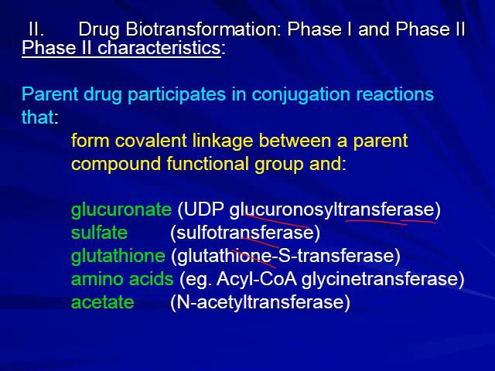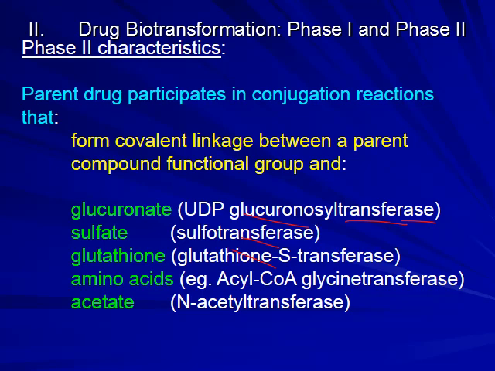The enzymes all have similar root names. So if you look, the ending -ase means enzyme, and transferase is an enzyme that transfers something. So they all are transferases. What are they transferring? Are they transferring glucuronic acid? Are they transferring sulfate? Are they transferring glutathione?